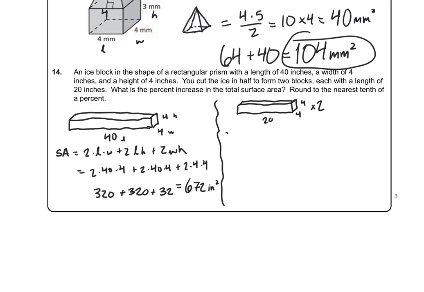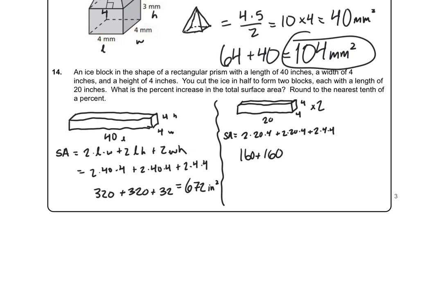Starting to solve this out, we get 2 times 20 times 4 plus 2 times 20 times 4 plus 2 times 4 times 4. 2 times 20 is 40. 40 times 4 is 160.